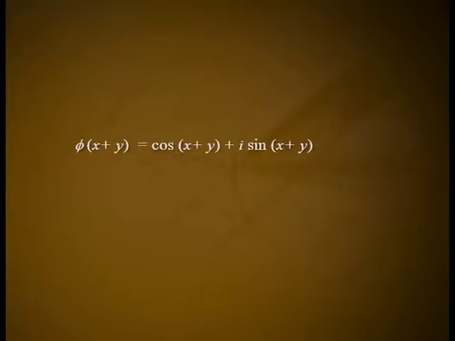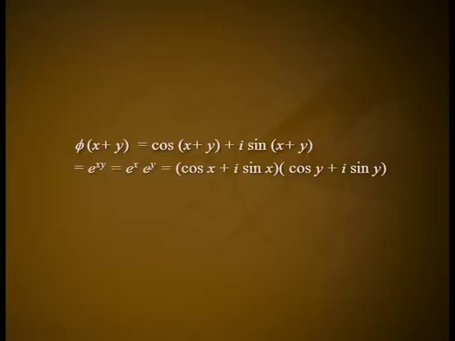Example 8. R is a group under addition and C* is the multiplicative group of non-zero complex numbers. Then the map φ from R to C* given by φ(x) = cos x + i sin x is a homomorphism, because for x, y in R, φ(x + y) = cos(x + y) + i sin(x + y), which is equal to e^{i(x+y)}, which is equal to e^{ix} times e^{iy}, which is equal to (cos x + i sin x)(cos y + i sin y), which is equal to φ(x) φ(y).